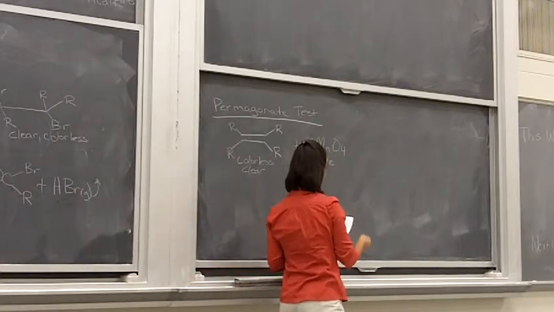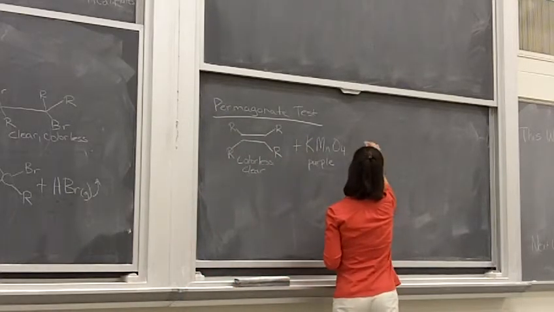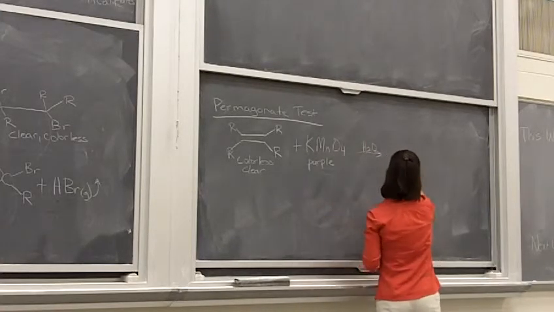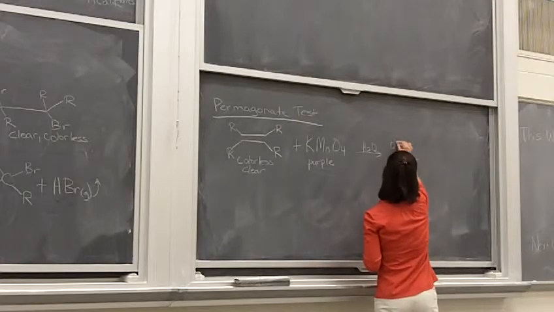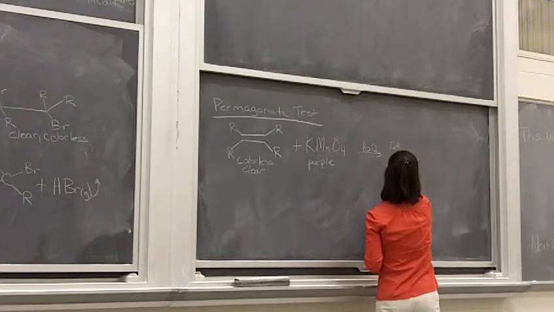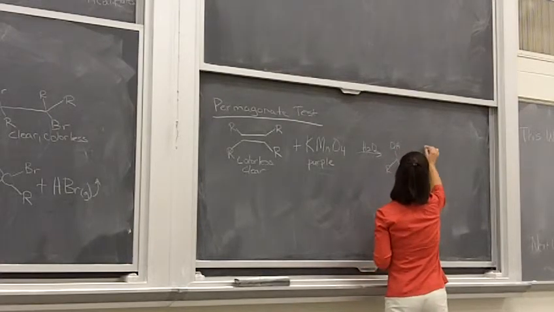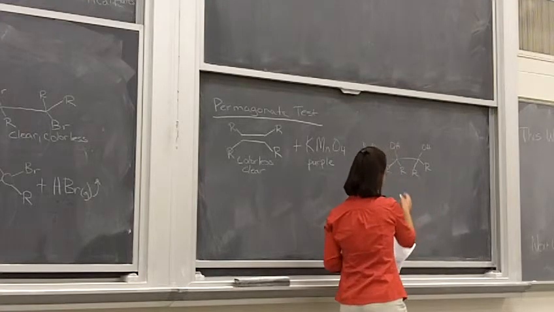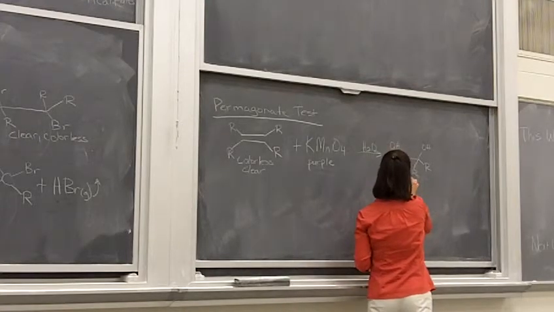If this reacts with an alkene, and the permanganate is made up in a solution of water, then we get a diol. This is colorless as well.